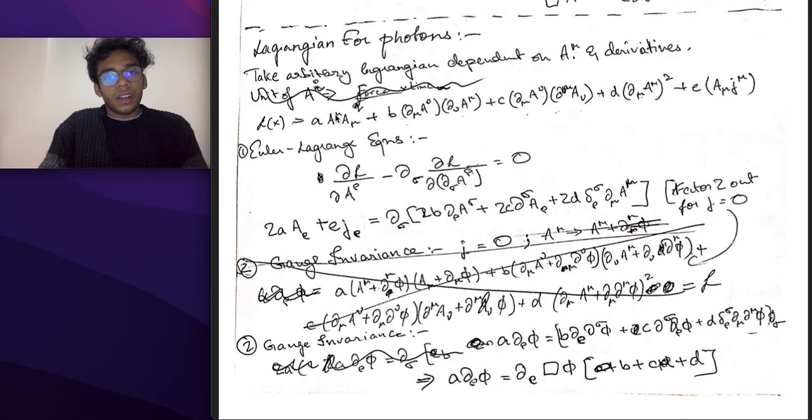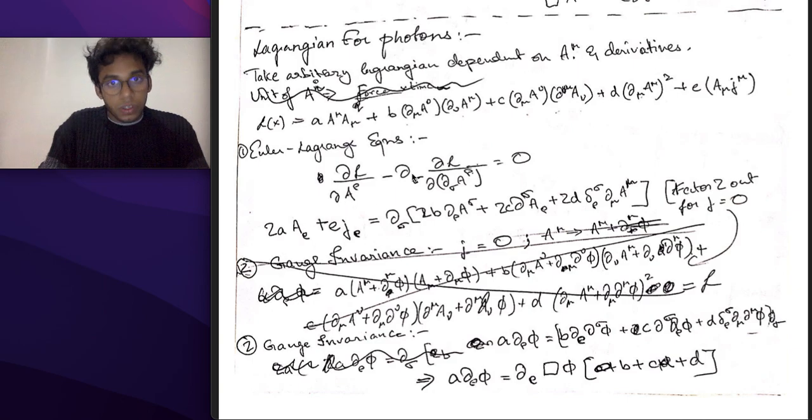So we give it a general, arbitrary labeling for coefficients, and how we calculate each of the coefficients is something beautiful. First we put in the general Euler-Lagrange equations and we vary with respect to A rho, taking the derivative with respect to A rho and dou sigma A rho. So you get these two equations, the Euler-Lagrange equations.